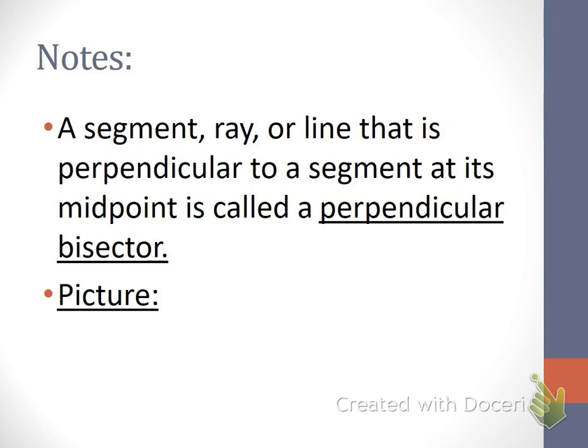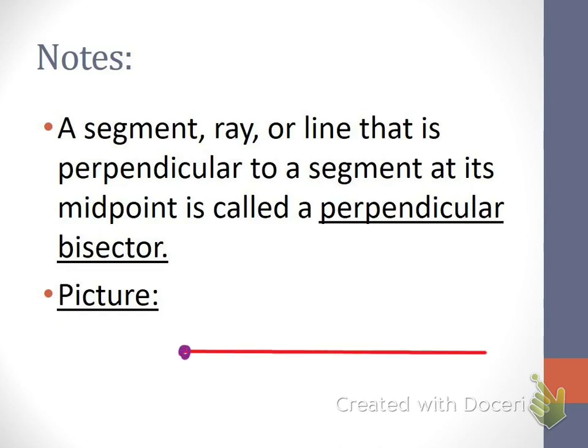A segment, ray, or line that is perpendicular to a segment at its midpoint is called a perpendicular bisector. So we are going to have some segment.